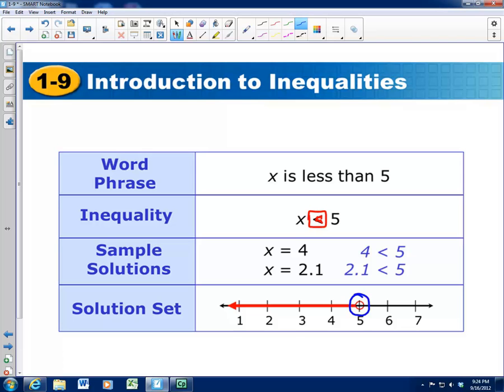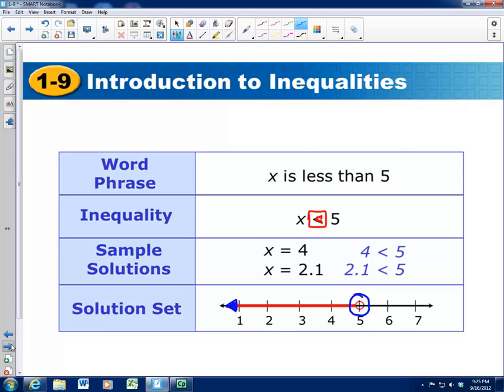It has to be less than 5. So it might be 4.9999, so it'll go all the way right up next to that 5, but it'll never quite get there. And it's going to be any number smaller than that. So we have to draw our arrow coming back this way, because it's going to go through all of those numbers. We don't know what the actual answer is. It could be any of those numbers. That's why the graph looks like that.